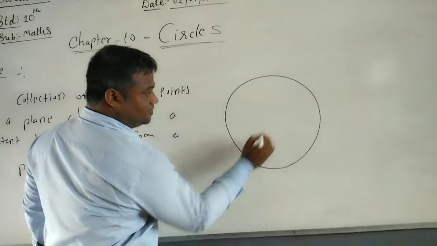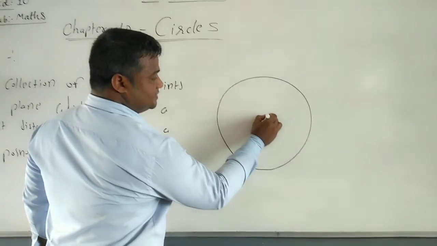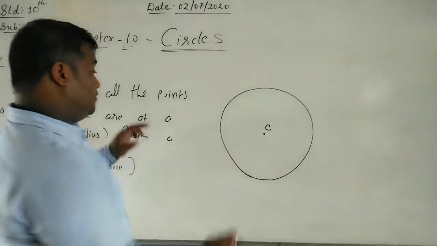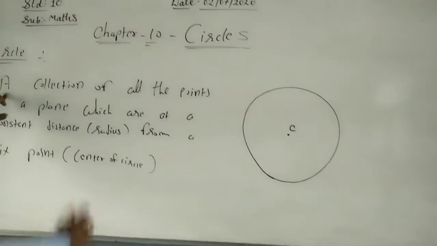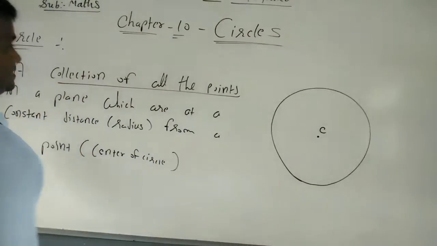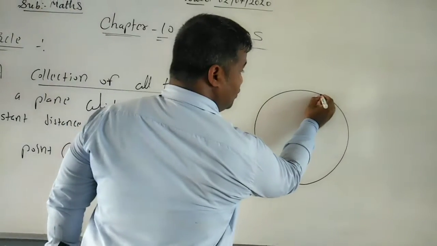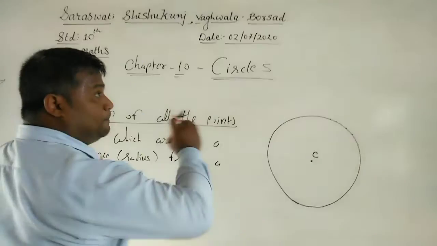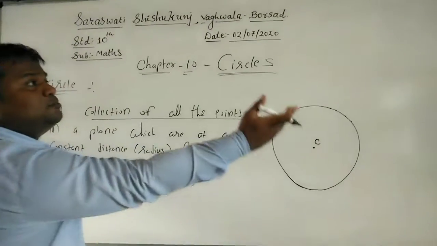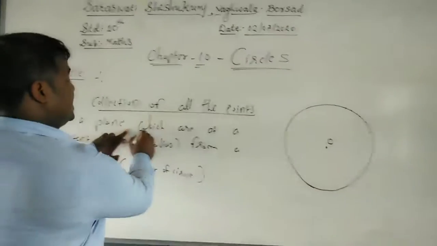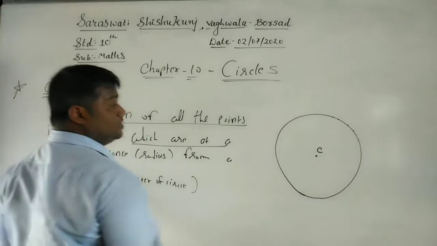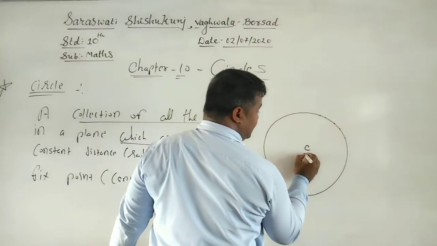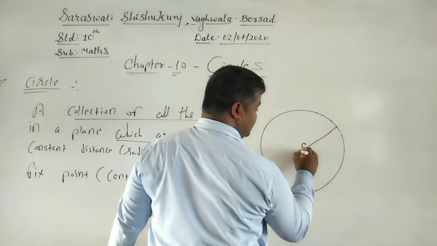This is the circle of yours. This is the center C. What is it telling? A collection of all the points in a plane. Plane means you can just consider this board as your plane, which are at a constant distance.